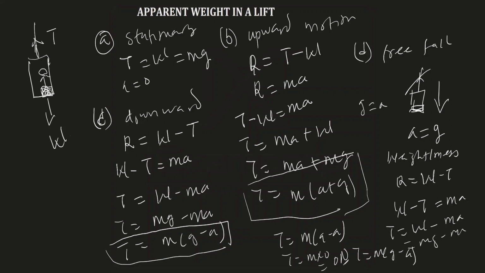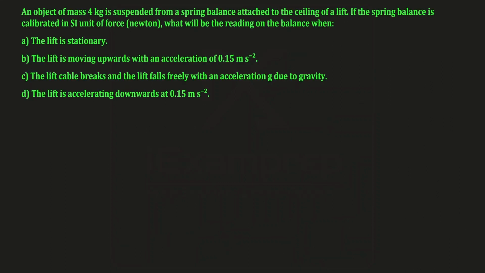So let's take a practice question for us to enrich our understanding. We have a question that says that an object of mass 4 kg is suspended from a spring balance attached to the ceiling of a lift. Okay, so we should put that into picture. So let's draw a diagram.